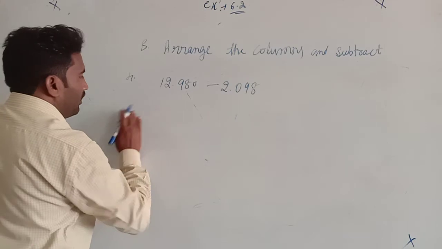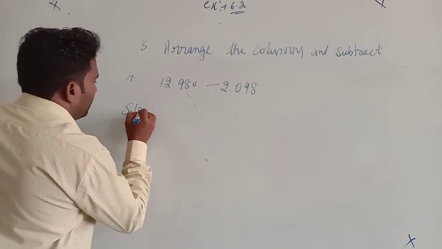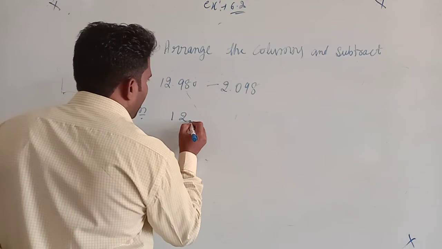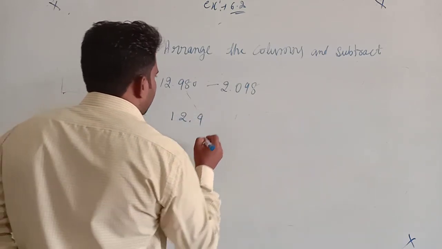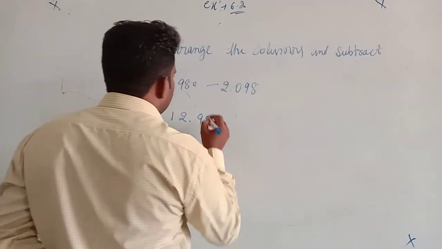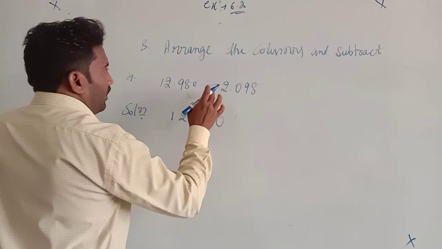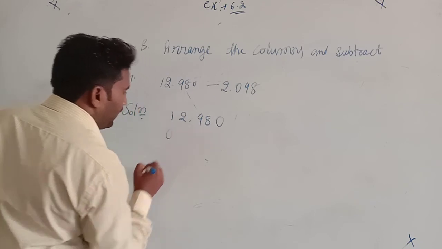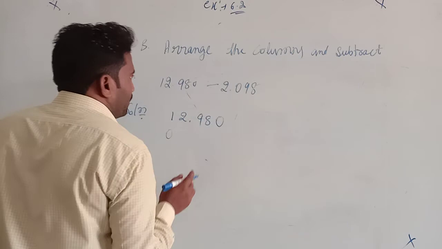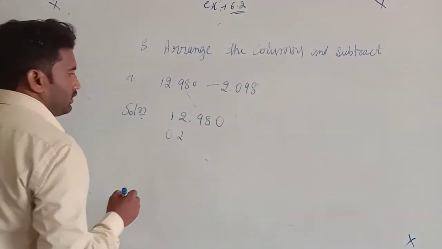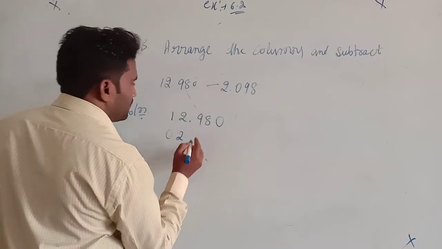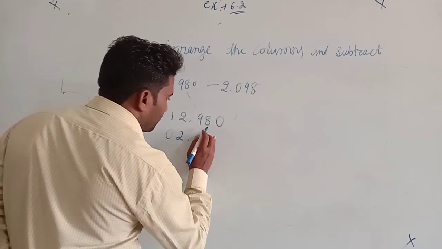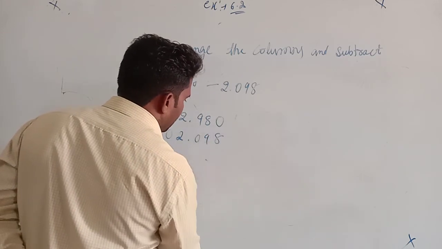You have to arrange the numbers in columns. 1 is in the tens place, 2 is in the ones place. Point under point. 9 is in the tenths place, 8 in the hundredths place, 0 in the thousandths place. In the second number we are not seeing a tens place, so we should write 0 in the tens place. 2 is in the ones place, then the point, 0 in the tenths place, 9 in the hundredths place, 8 in the thousandths place.